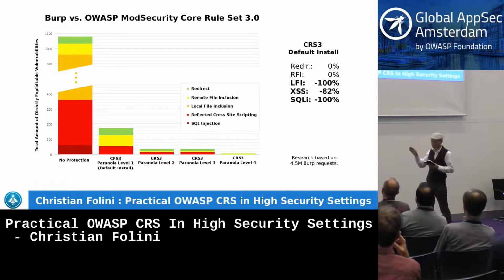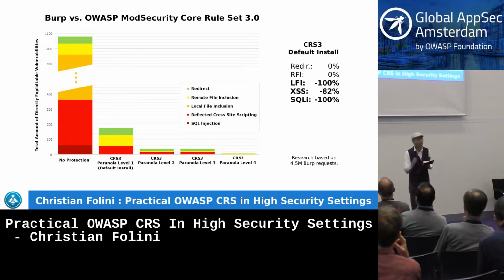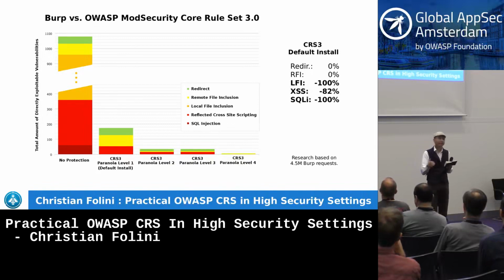Now the second column is the 5-minute default installation of CRS. With the default installation, local file inclusions are no longer possible. Almost total protection there. Cross-site scripting is greatly diminished. SQL injection, gone. Now, SQL injection isn't gone completely.